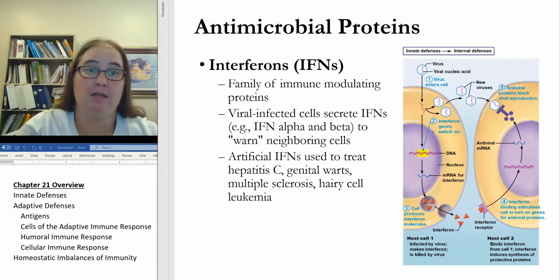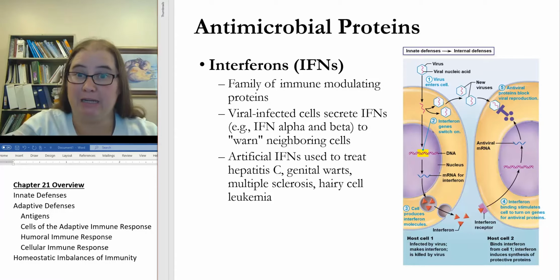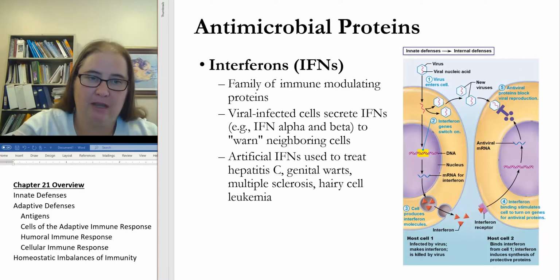Unbeknownst to it, this first cell is also making proteins, interferons, to warn its neighbors that it has been infected. So the cell produces these interferons, releases them via exocytosis.